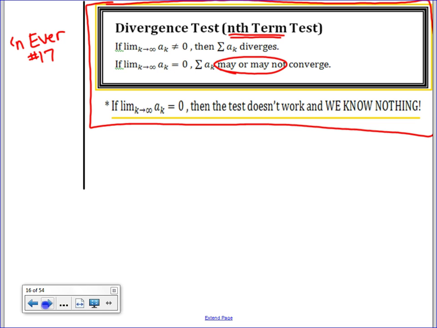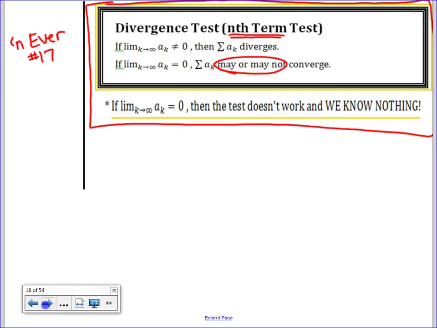One of the beginning mistakes of testing convergence of series is: limit of terms is 0, converges. Limit of terms is not 0, diverges. If not 0, diverges every time. If it is 0, I don't know, and neither do you. You cannot prove anything if it equals 0. The test fails.